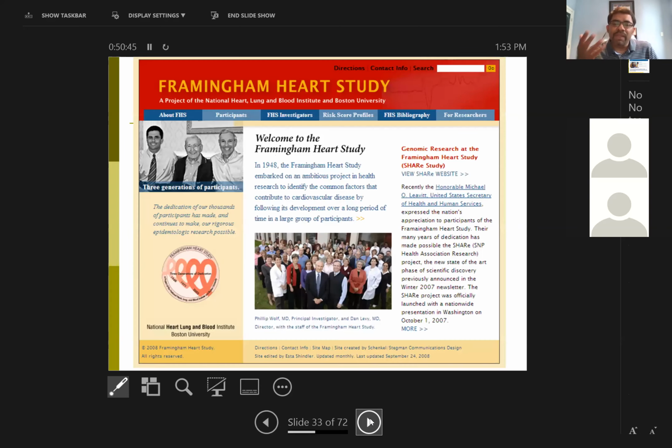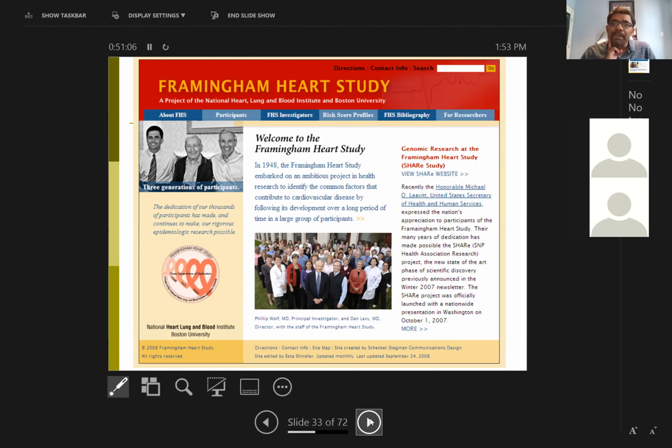Here are some really famous cohort studies. If we know anything at all today about heart disease and risk factors for heart disease, then we owe it to this community in Massachusetts, outside Boston. It's called Framingham, a world famous cohort study called the Framingham Heart Study.